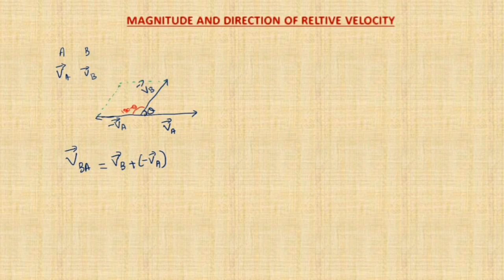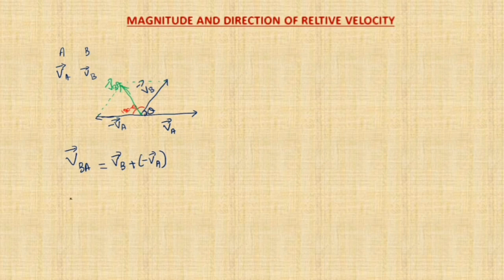If you draw the diagonal exactly towards this point, this will be the resultant of VB and minus VA. We can write it as VBA. So this vector represents VBA, the relative velocity of B with respect to A.